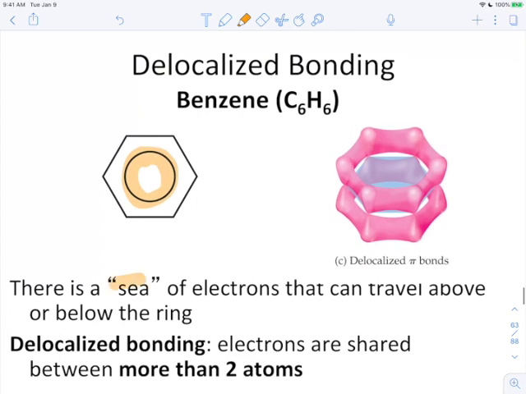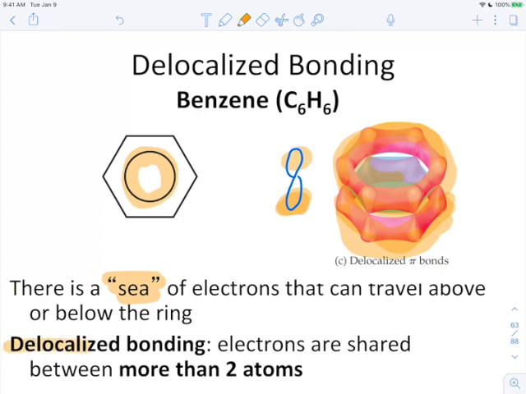So we say that there's a sea of electrons that can travel. They can travel above or below the plane of the molecule. So they can travel up here above or down here below. And that goes back to the fact that every p orbital has two lobes. So if you think of the top one as being above the ring and the bottom one as being below, then these electrons can travel anywhere in the top ring, or they can jump down and travel anywhere below as well.